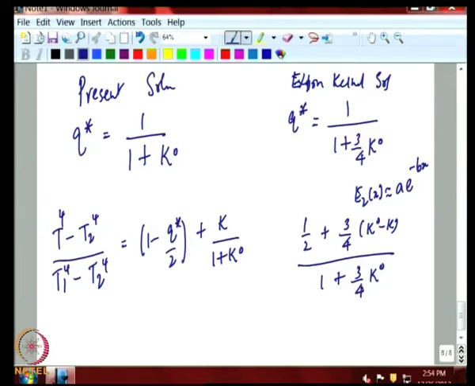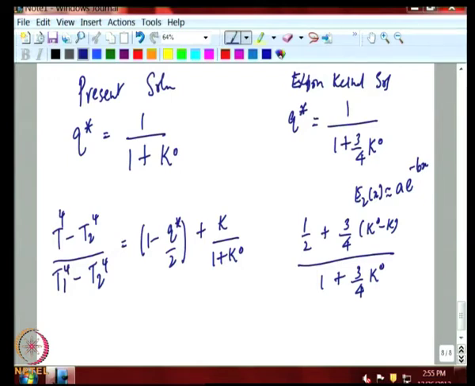So that the two methods of solving the radiative equilibrium problem, one using the kernel approximation and the other using the Simon-Schuster or the Eddington approximation, give very similar results.